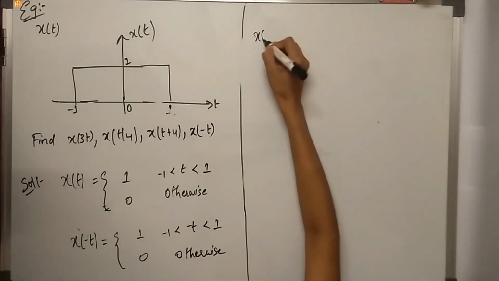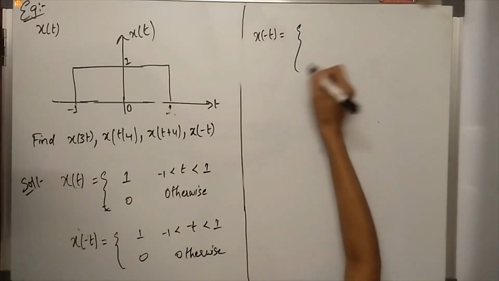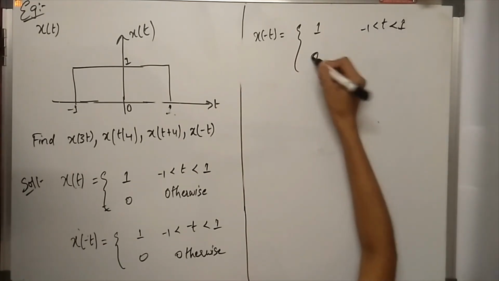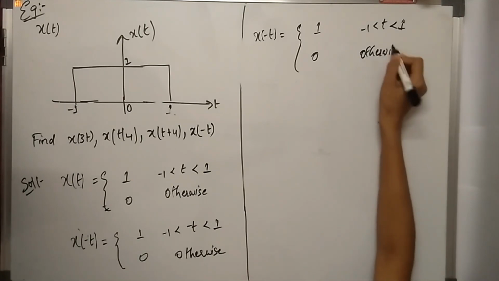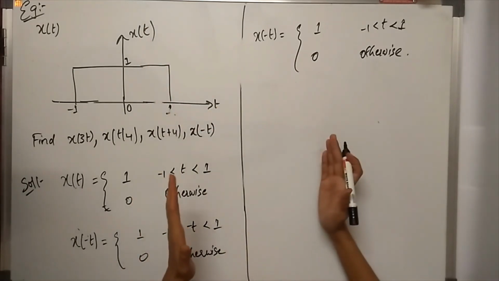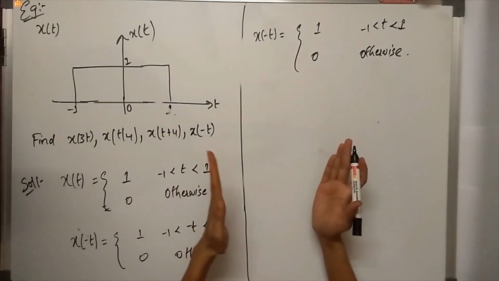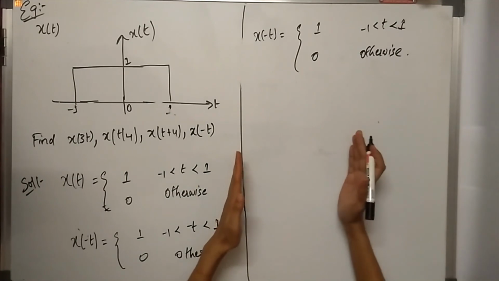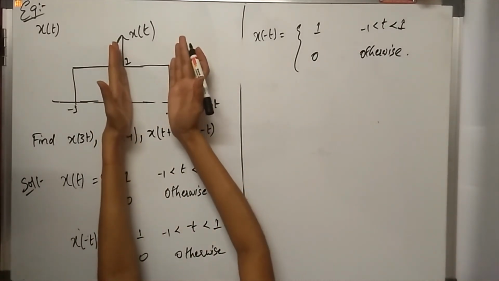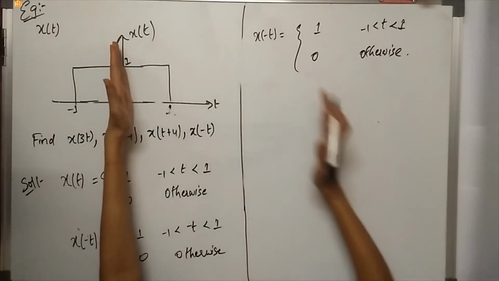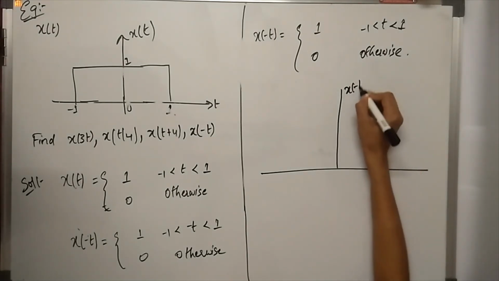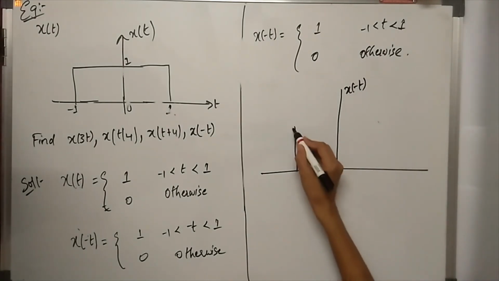So x of minus t is equal to 1 for t greater than minus 1 and less than 1, 0 otherwise. As we discussed in the last section, x of minus t is just folding the signal x of t with respect to the y-axis. If I fold the signal x of t about the y-axis, this side goes to that side and that side comes to this side.